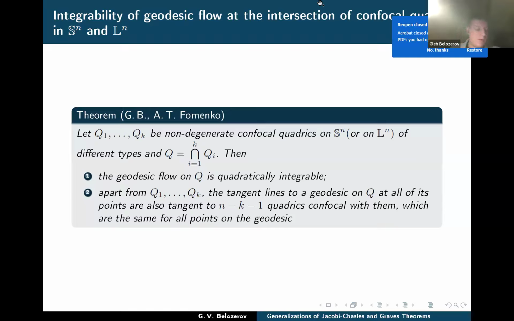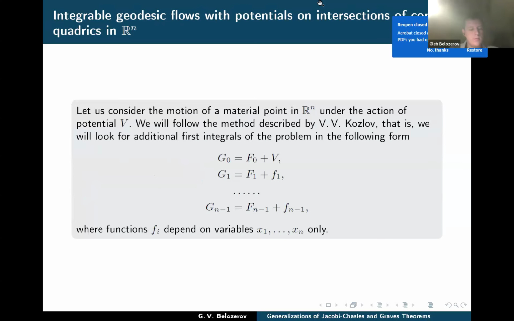Okay, and now I want to tell you about another integrable generalization of the Jacobi-Chasles theorem for mechanical systems with integrable potential. Let us consider the motion of a material point in R^n under the action of some smooth potential V. We will follow the method described by Kozlov.